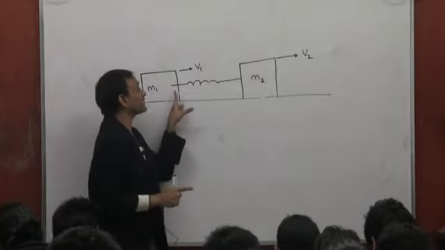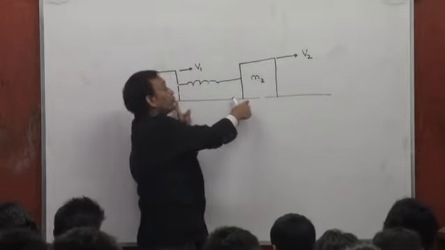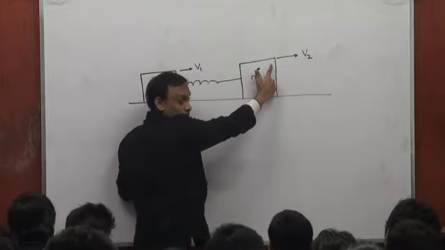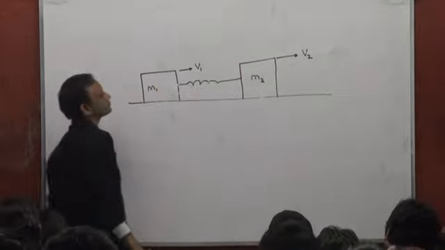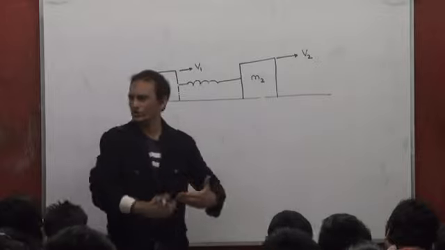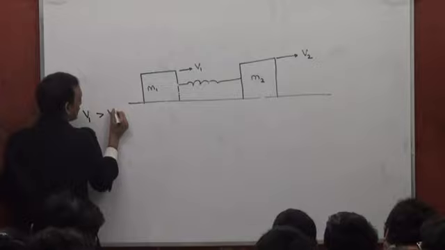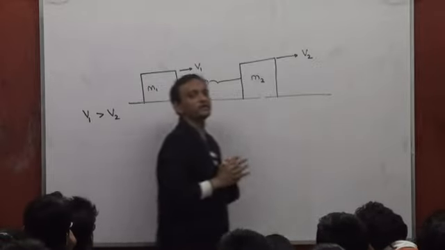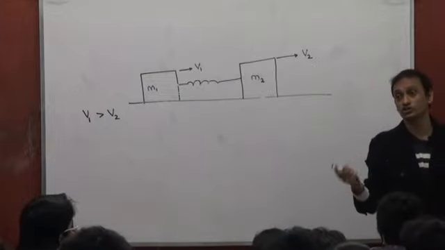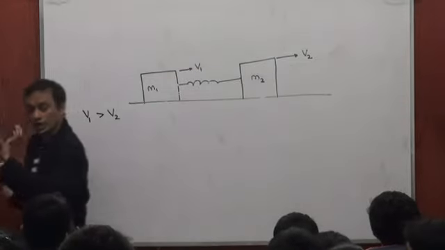And at some instant, let's say the spring was unstretched, the spring was in its natural state, and at such an instant, the velocity of this mass m1 was v1 and the velocity of this mass m2 was v2. For definiteness, only for definiteness, let's assume that v1 is greater than v2. Velocity of one end is larger than the velocity of the other end. And the spring is in its natural state. Clear?